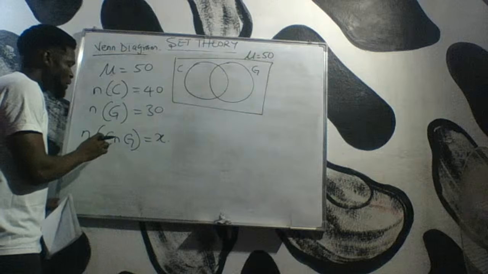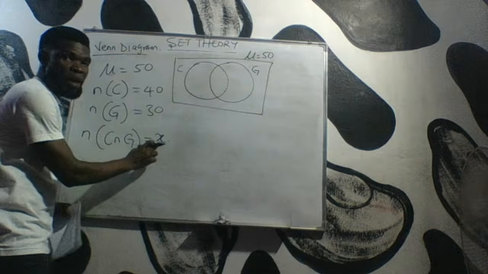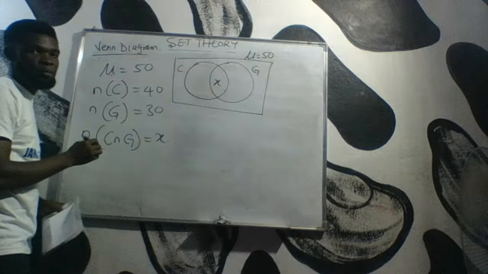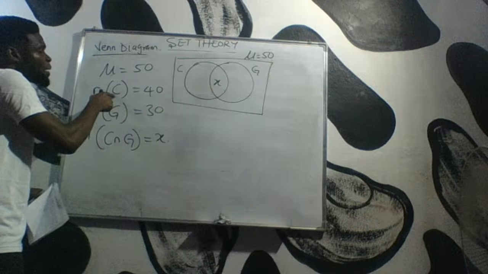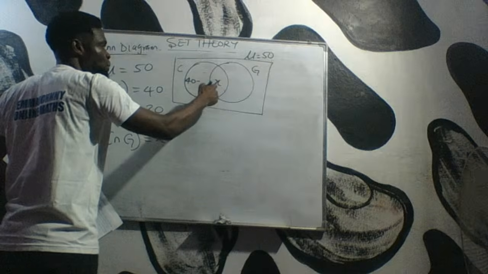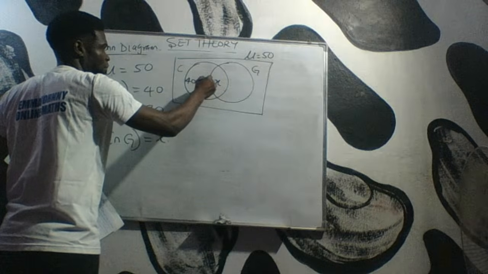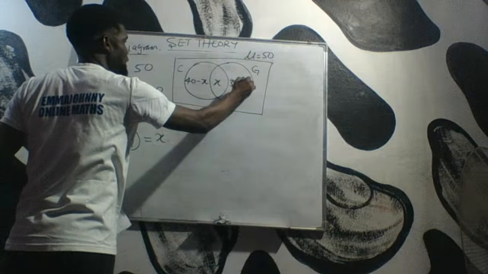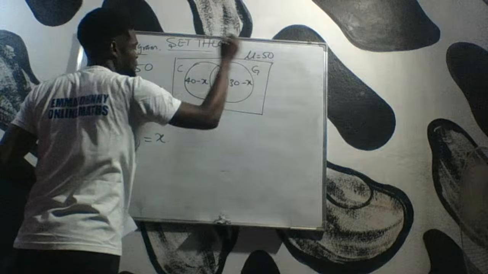The number that read Champion and Guardian is X. We don't know it, which is what we are looking for. We put it here, X. Champion only will be 40 minus X. Guardian only will be 30 minus X.